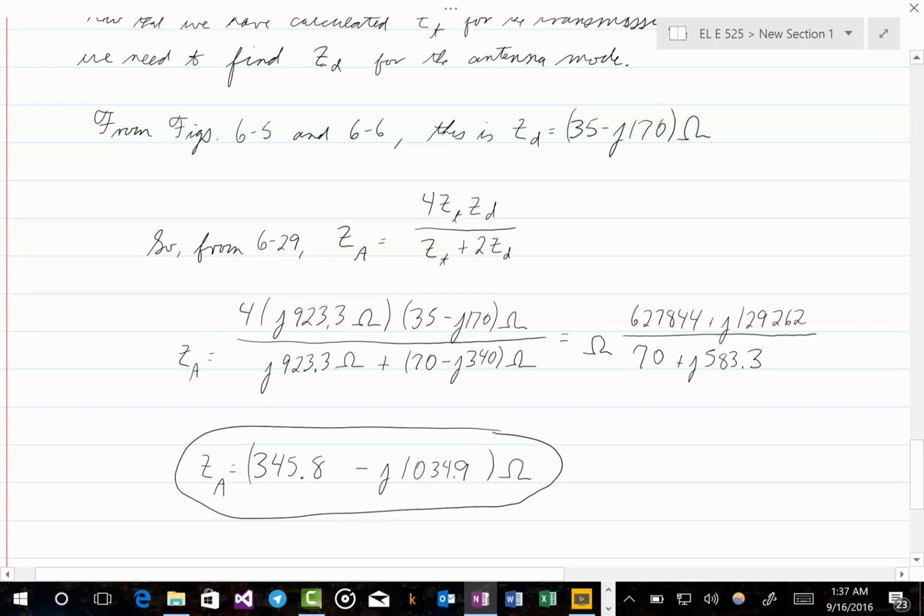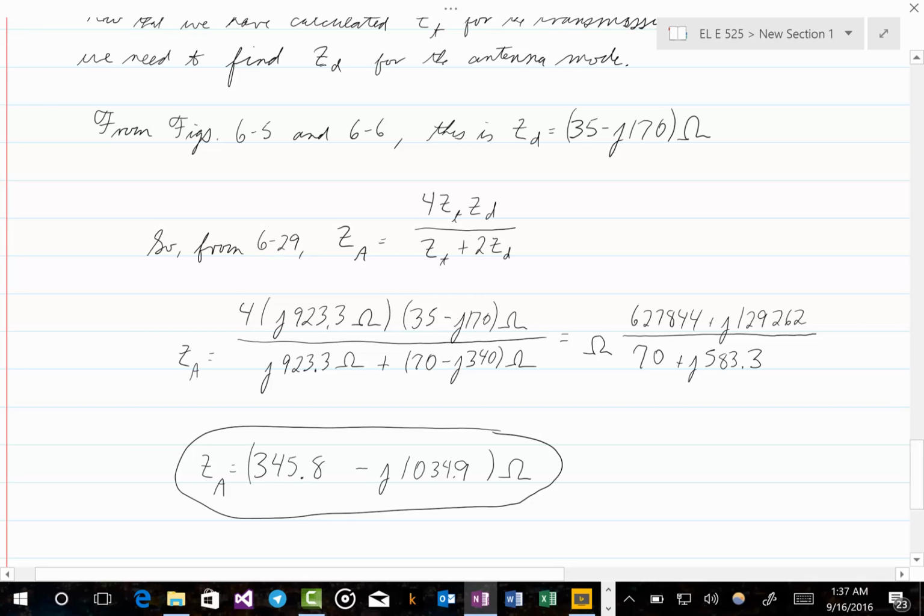So you just need to be careful when you do this calculation to not make mistakes because of the complex arithmetic. I've shown a step here. Here's what the numerator will simplify to. Here's what the denominator will simplify to. And then when we do this division, we get this value here, 345.8 minus j1034.9.